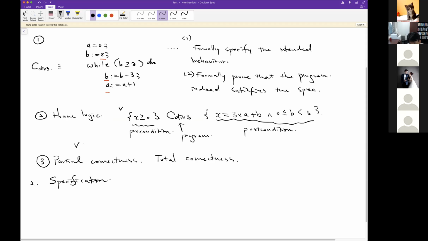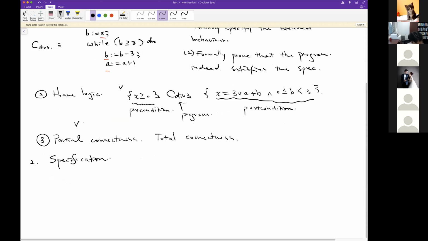The first thing we're going to think about for the specification is its syntax. Specification is a new non-terminal in our grammar for our language, or a new syntactic category.